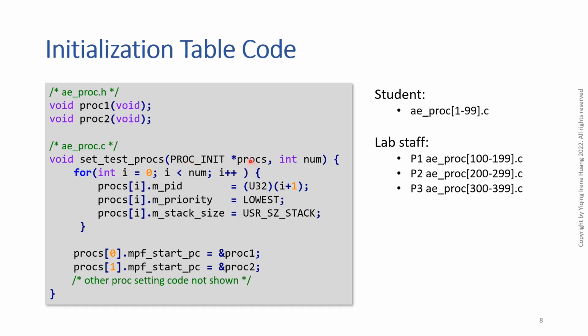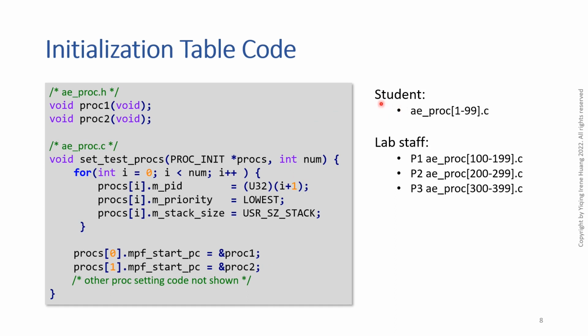Look at the prototype: this is a pointer to the process initialization record, so this basically is an array. The second parameter says how many records there are in this array. Then we just loop through and assign the PID, the priority, the stack size, and finally the entry points.